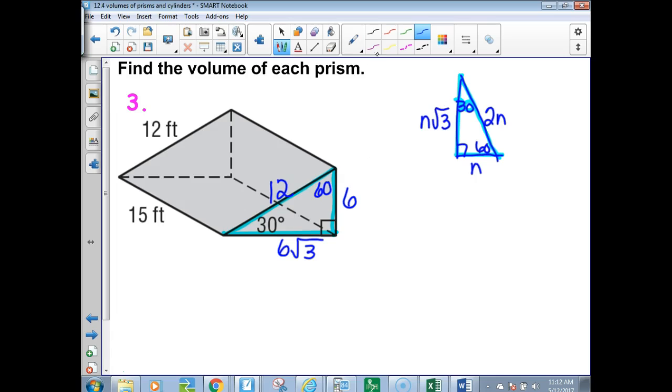All right, so now we've got to find the area of the triangle. Okay, so the base area is base times height divided by 2, area of a triangle. Its base is the 6 root 3, and its height is the 6. So area of your base will be 6 root 3 times 6 divided by 2.